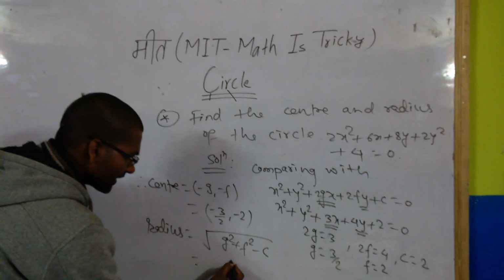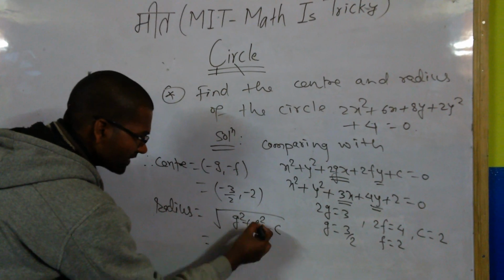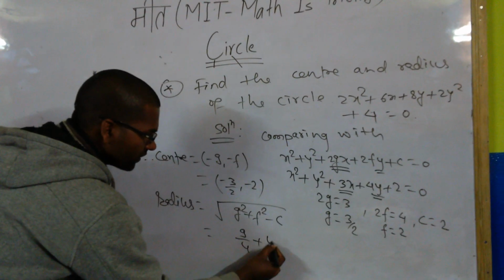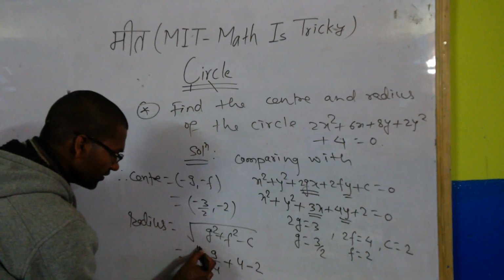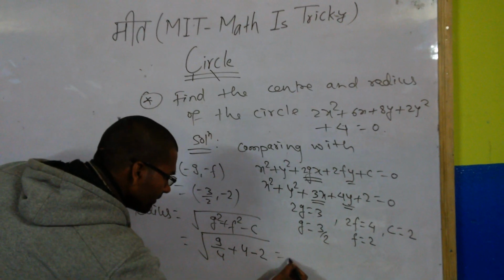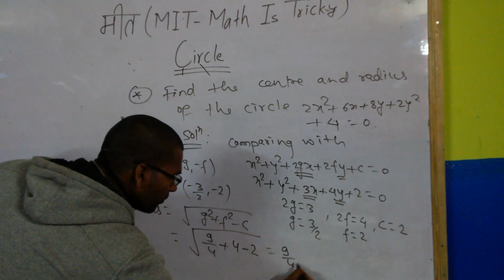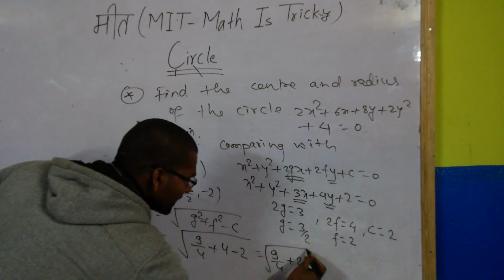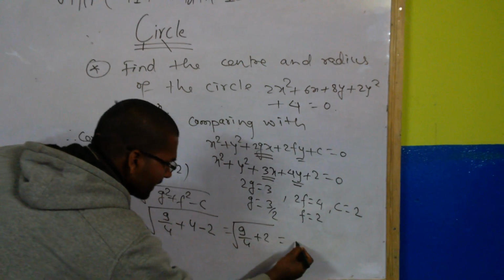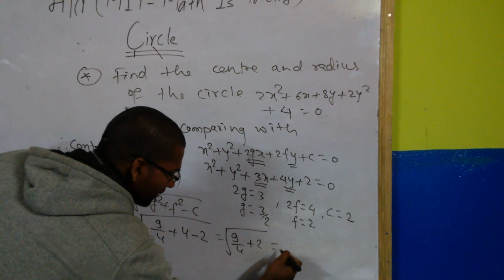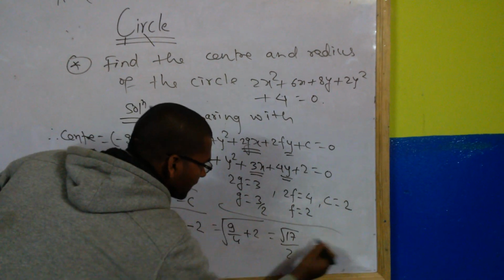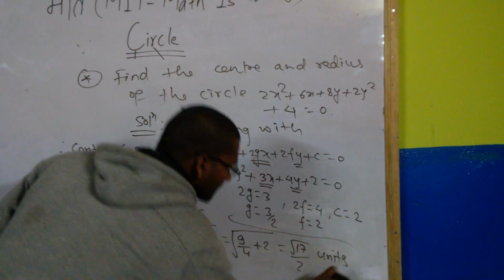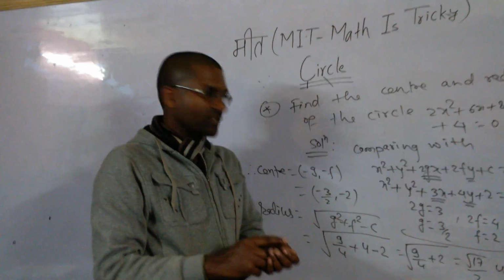So g square means here 9 by 4, plus f square means here 2 square is 4, minus c means minus 2. So what's your answer? It is here 9 by 4 plus 2, and it's simply 9 plus 8 by 4, it is here 17 by 4, so root 17 by 2 units. That's your answer. Okay, this much about circles.